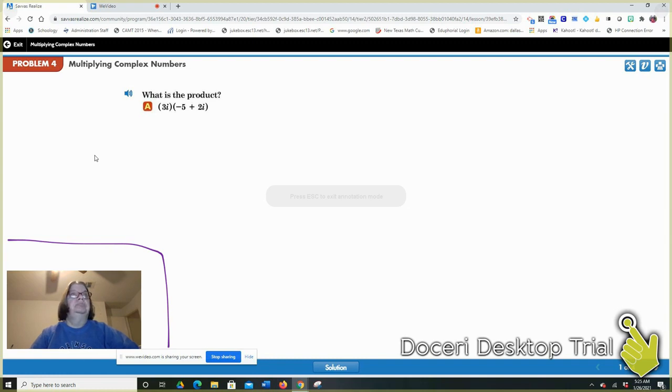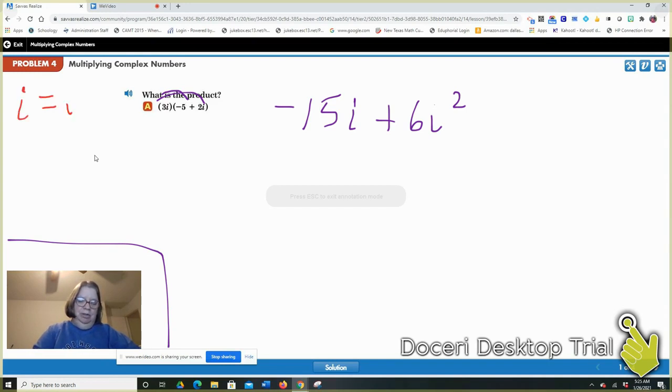So 3i times negative 5 is negative 15i, and 3i times 2i is 6i squared. Oh, you remember our very important things? I equals square root of negative 1. i squared is negative 1.